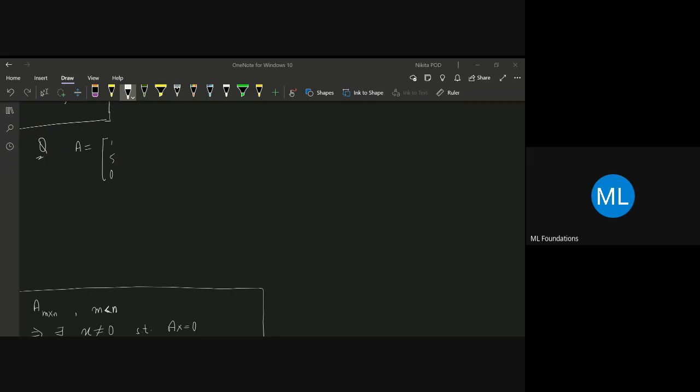Yes, they can be at most 3 independent columns.